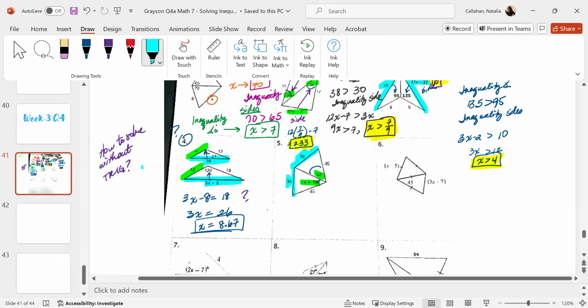The opposite sides are 39 and 36. Good. Now write your inequality for the sides, and once you have that, write your inequality for the angles. Is that 3x plus 18 or x plus 18? X plus 18. Okay.